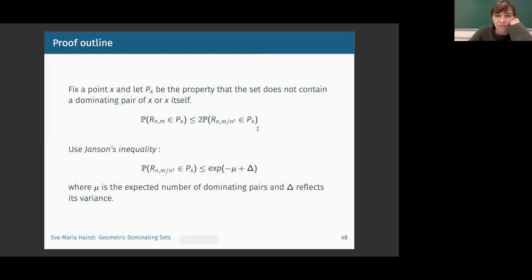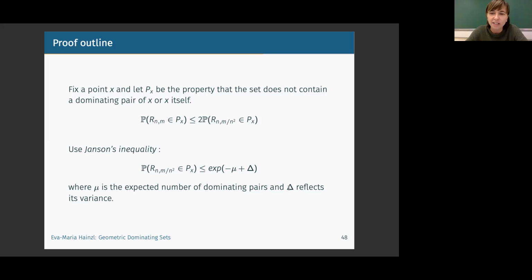And to bound this probability, we use Janson's inequality. If you do not know this inequality, I think it's well known in random graph theory or in probabilistic combinatorics. If you do not know it, it's not too important. The point is that this probability has an exponential bound. It's bounded by e to the minus mu plus delta. And mu is the expected number of dominating pairs in the random point set, and delta reflects the variance.